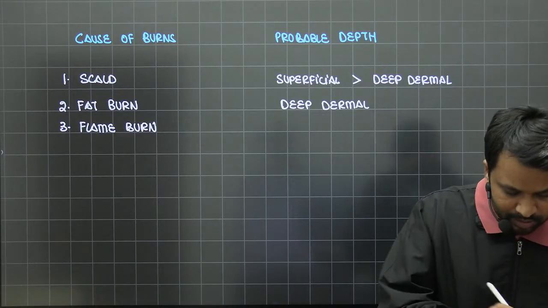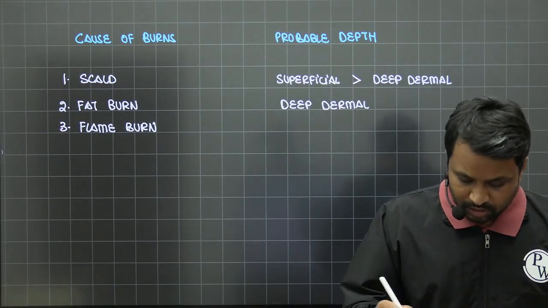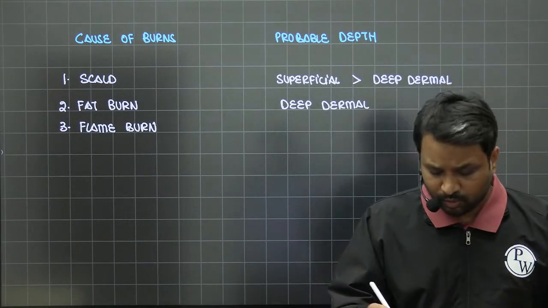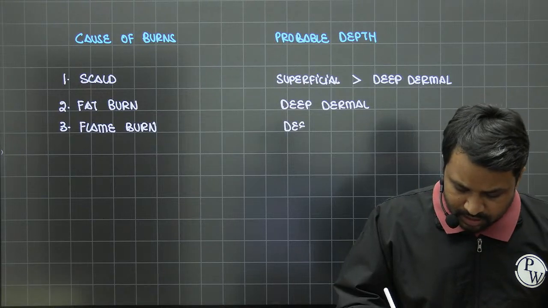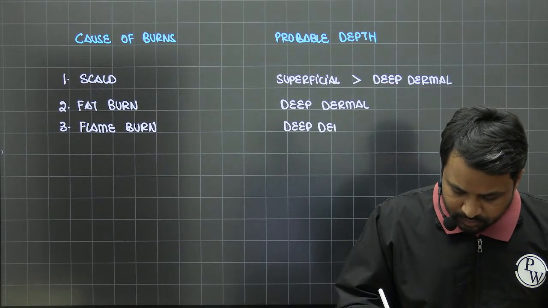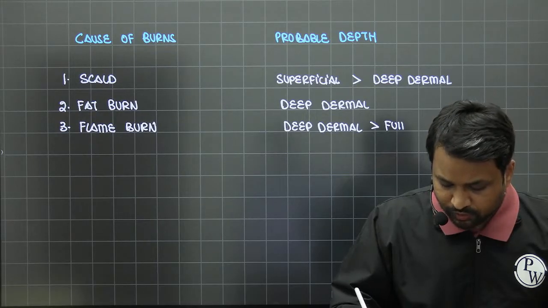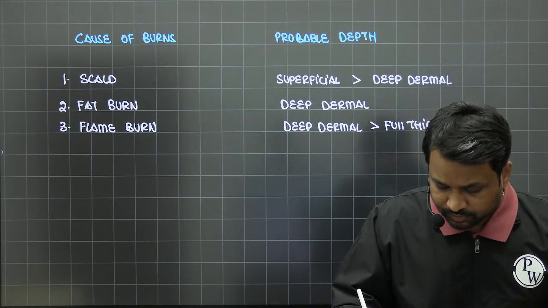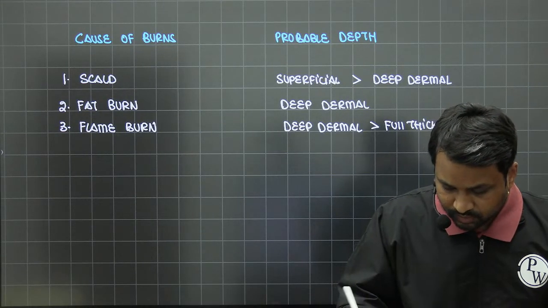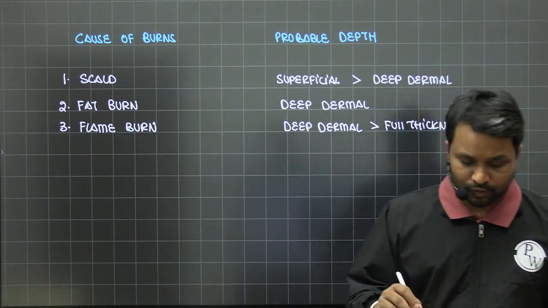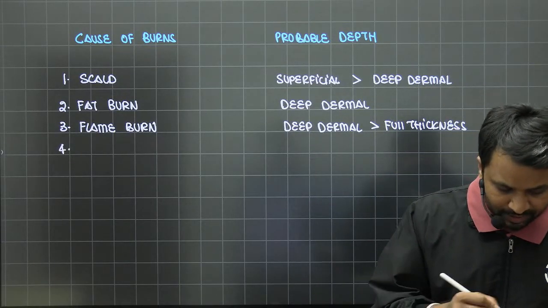In the flame burn, it is deep dermal, more common when compared to full thickness. Full thickness will only occur if there is a longer duration of contact. That is for your flame burns, right?